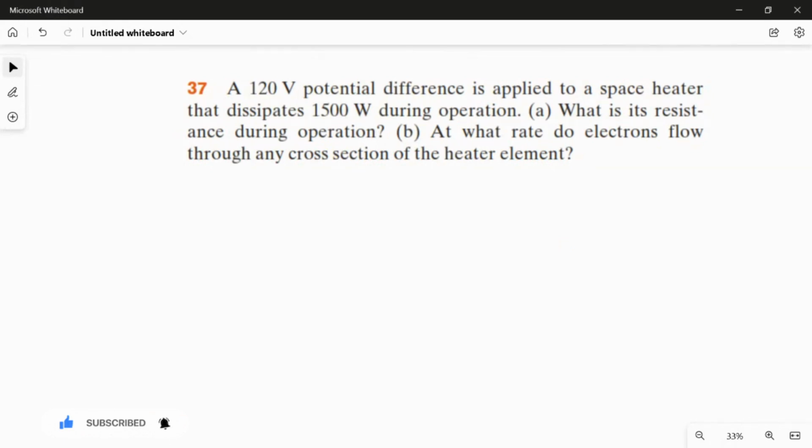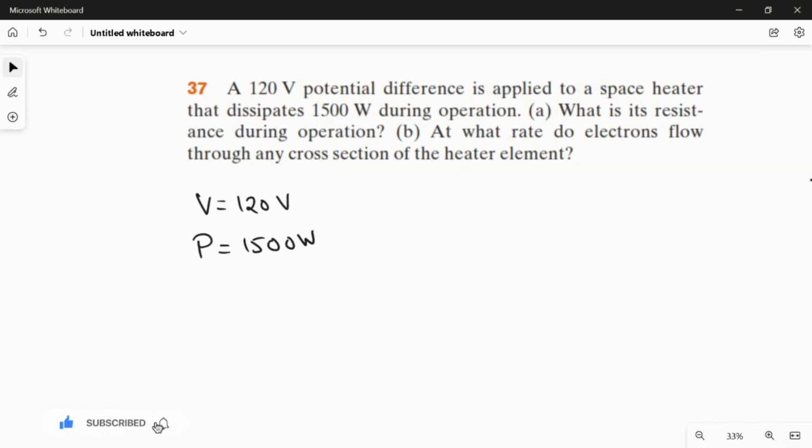And in the second part, we are going to find the answer for the current over charge. How much current divided by charge gives the answer for the second question. So first of all, let's rewrite the given first. Potential difference V is equal to 120 volt, and the power P is equal to 1500 watt.